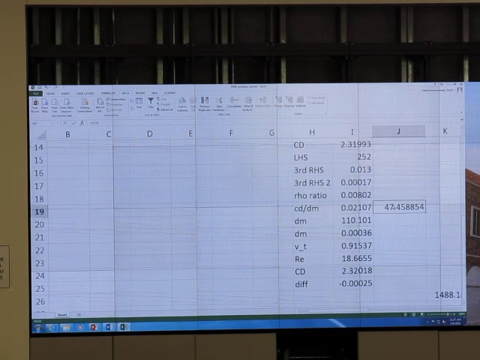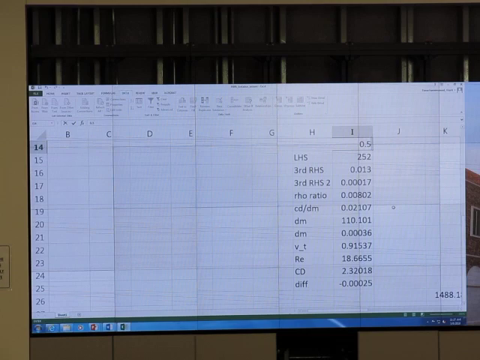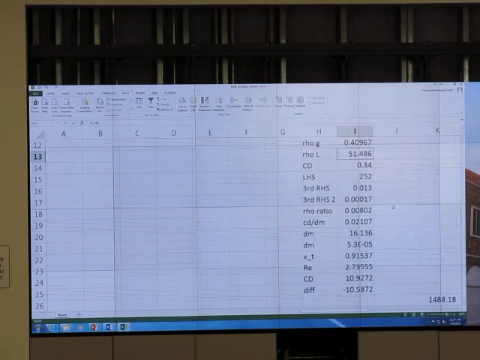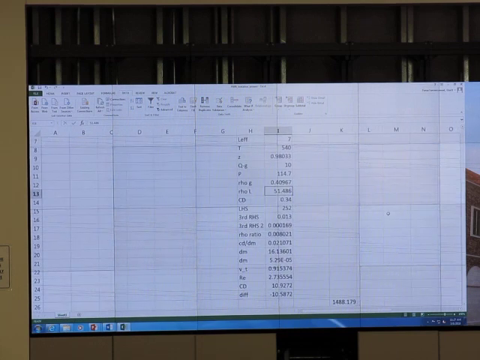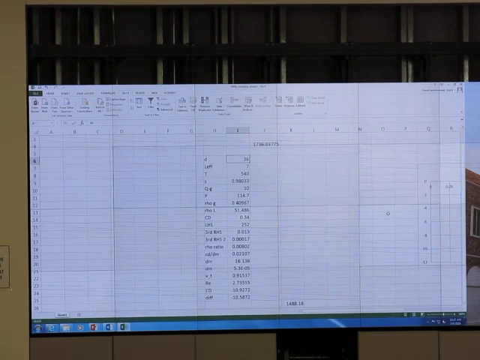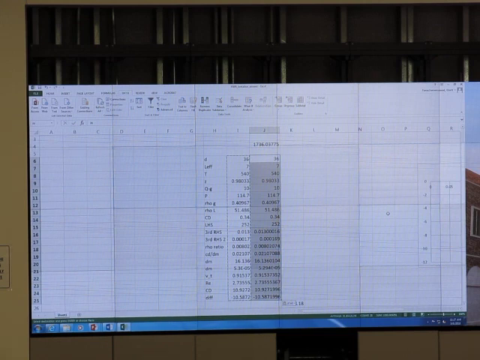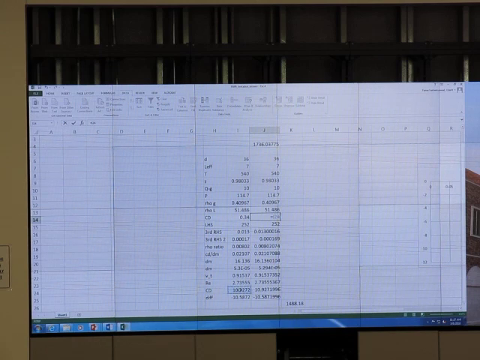You may not do it like this. If you want to do iteration with 0.34, you can do iteration in Excel if you don't like Goal Seek. To do iteration, I have to link the cell, this thing, equal to the output from the previous one.